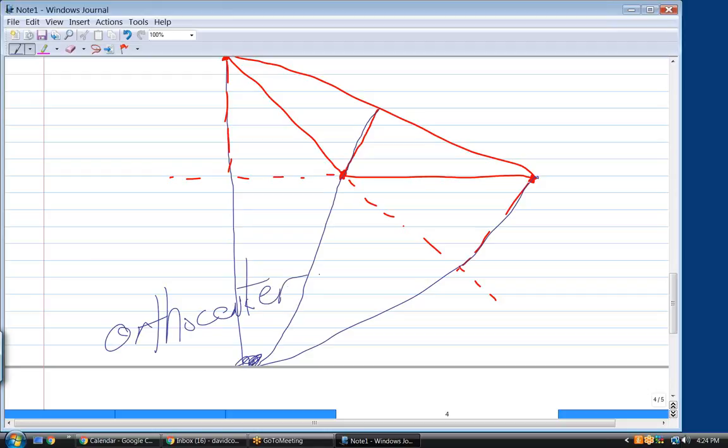Okay? In other words, the only rule about an orthocenter is that those three lines will intersect at some point. They are guaranteed to intersect if you continue them in both directions. All three of them, they will intersect at the same point. And that is the chapter on points of concurrency.